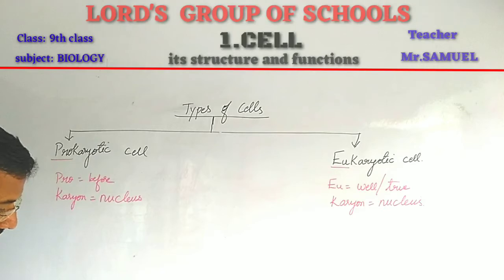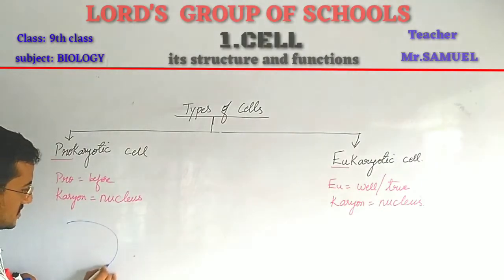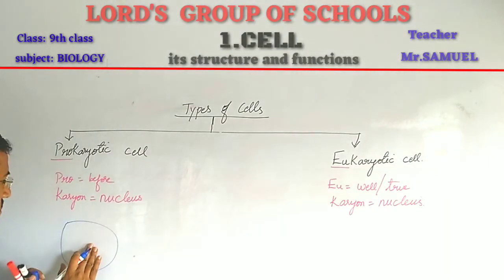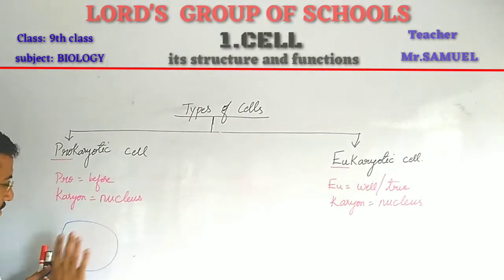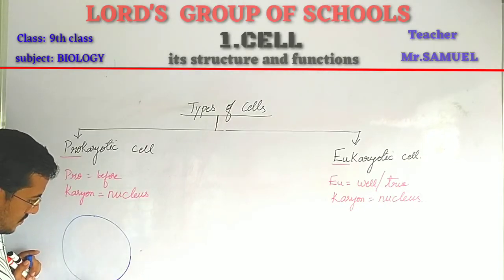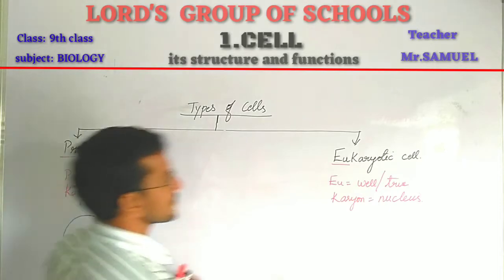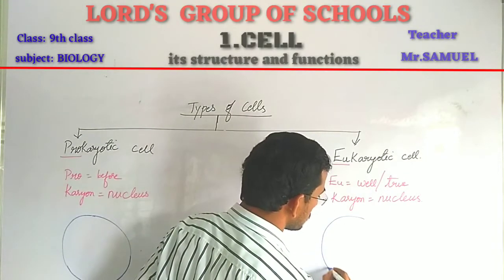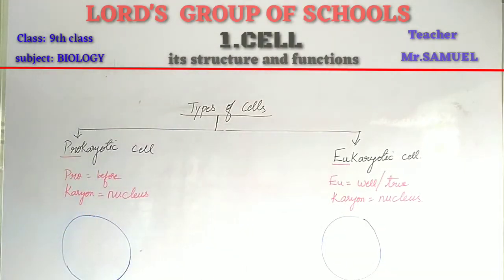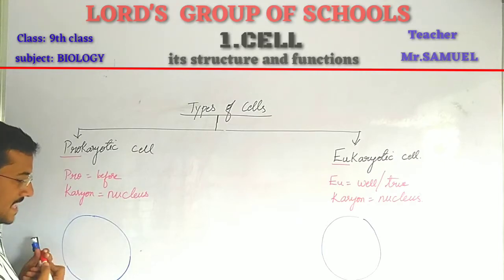And let us see. So this is a eukaryotic cell. This is a prokaryotic cell. In this prokaryotic cell, nucleus is not present. In prokaryotic cell, nucleus is absent.